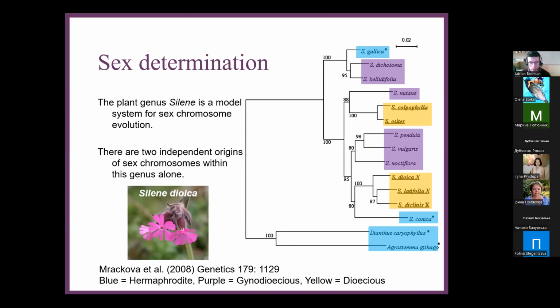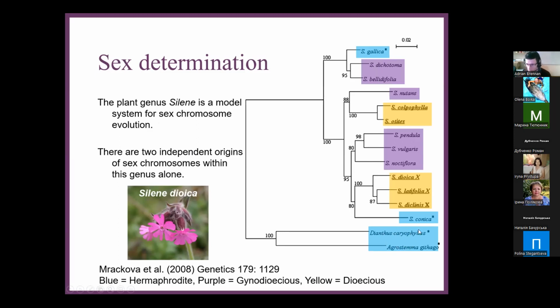So here's an example of that. The genus Silene, the campions, has been extensively studied for sex chromosome evolution. And that's because it's evolved recently within this genus in the last few million years. And also, when you build evolutionary trees for this genus and you map mating systems onto it, you can see the outgroups here.